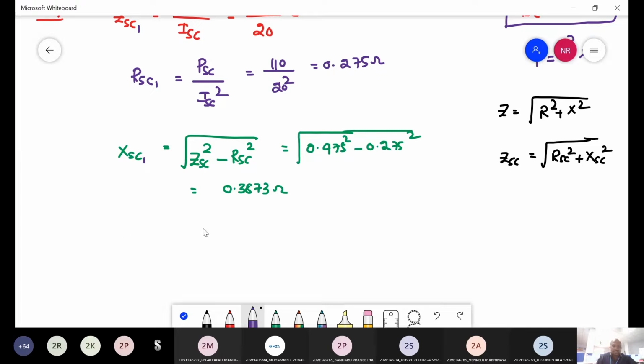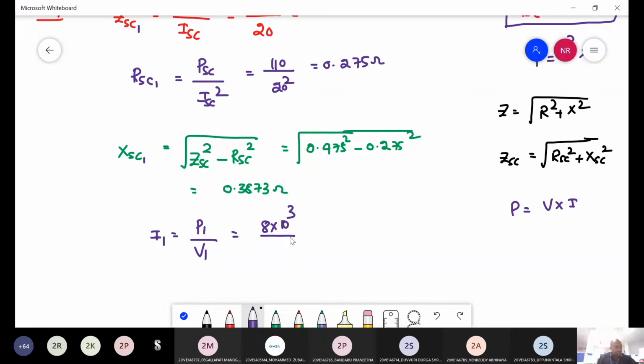So the primary side current: apparent power P is equal to V into I. So on the primary side, I1 is equal to P1 by V1. How much power is given here? That is 8 kVA, 8 into 10 to the power 3.